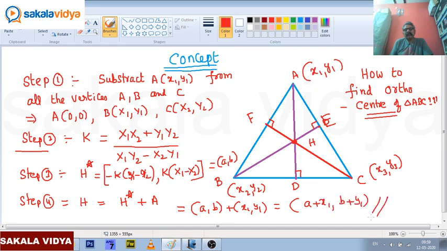This is the required orthocenter. So in this way we can find the orthocenter of the triangle. Please note it down. If the origin is directly there, you can proceed from step number 2. So this concept we need to remember.